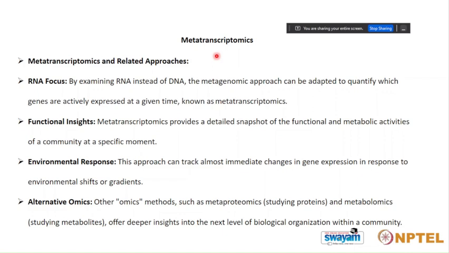Whereas in metagenomics we'll be analyzing the DNA and we won't be targeting any specific genes. But in the case of metatranscriptomics, we'll be targeting RNA, which helps us in the identification of functional and metabolic activities of the microbial community. So with the help of metatranscriptomics, we can get the functional insights of a microbial community.